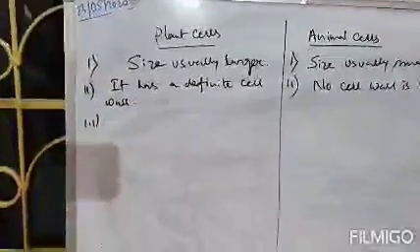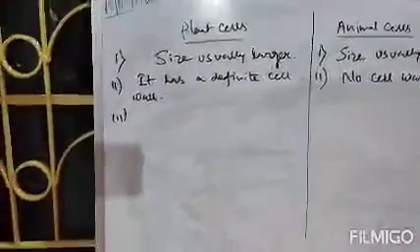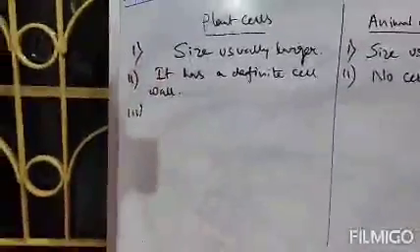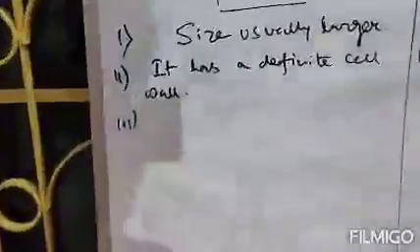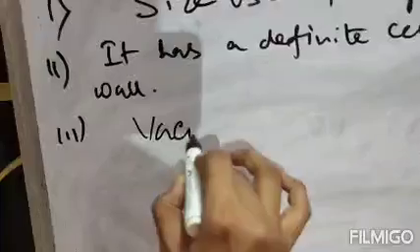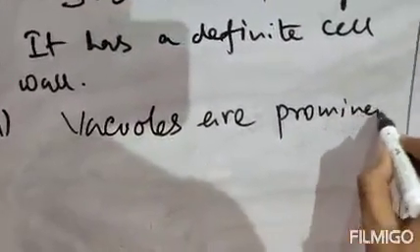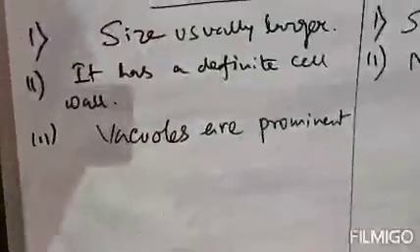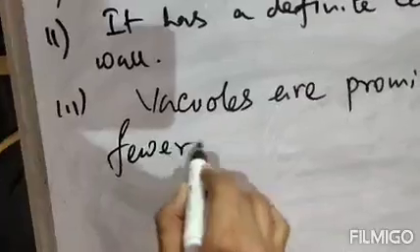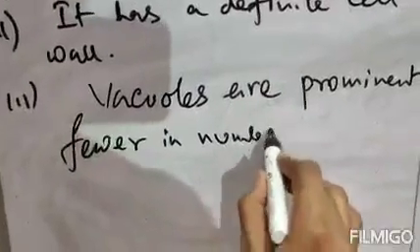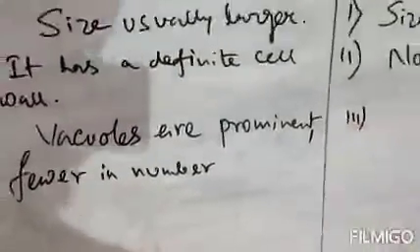Number three difference would be vacuoles are very prominent but fewer in number. Plant cell contains vacuoles, and animal cell contains vacuoles, but the difference is that in plant cells vacuoles are very prominent and fewer in number. So we will write, vacuoles are prominent and they are fewer in number. But in case of animal cells, vacuoles are small.